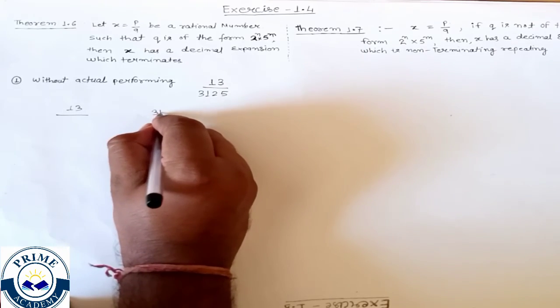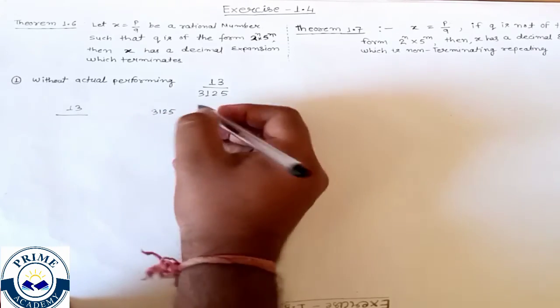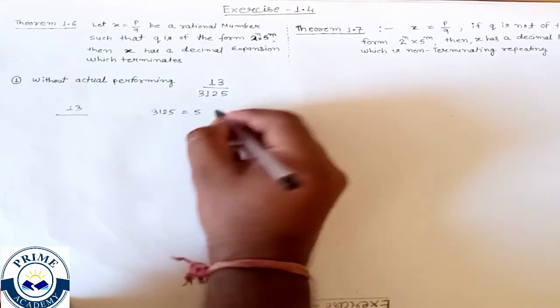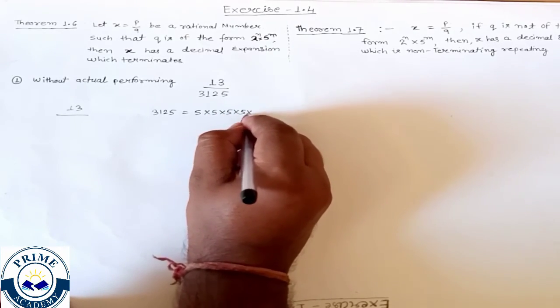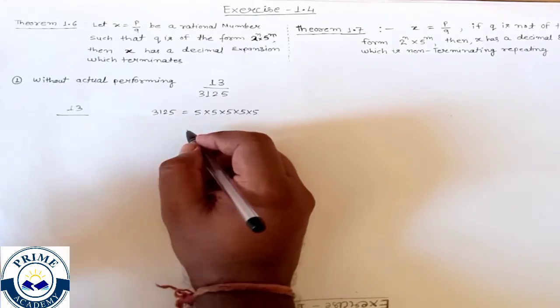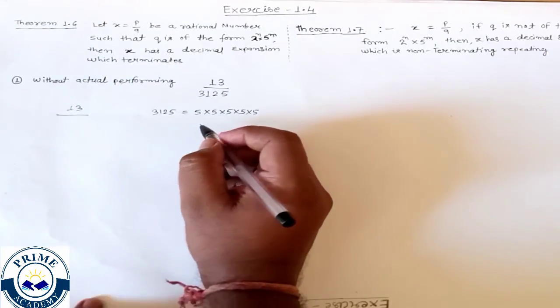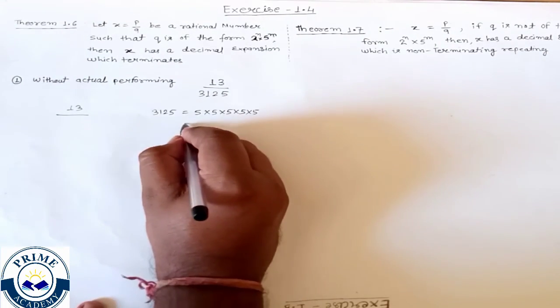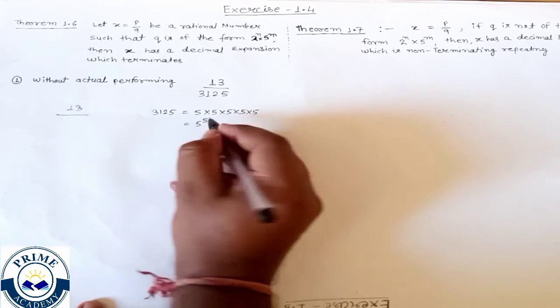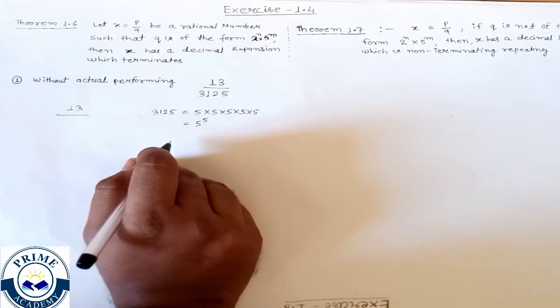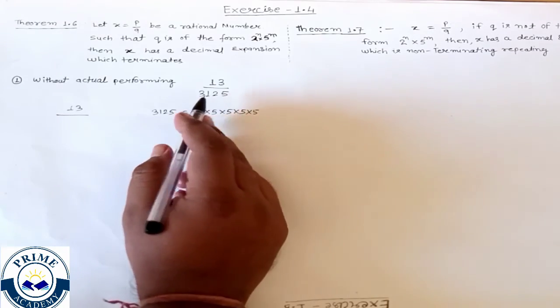So the factorization of 3125 is 5 into 5 into 5 into 5 into 5, which I have calculated, that's why I'm writing over here. So this is in the form of 5 to the power 5, the factorization of 3125.